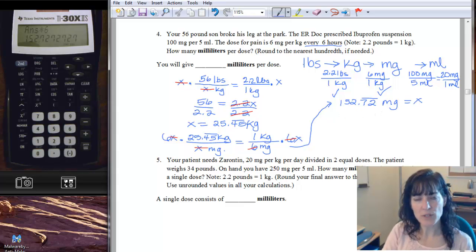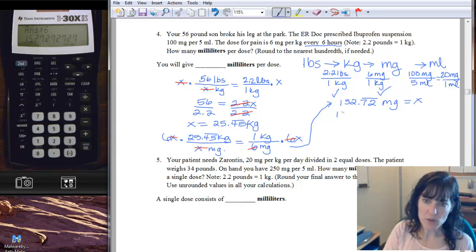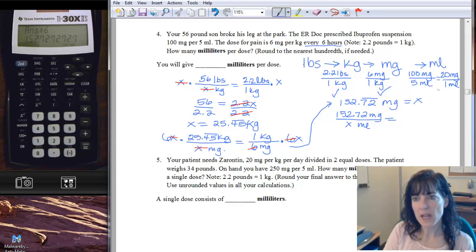Remember, you can use the reduced form of this fact or the built-up form that you were given for the problem. It's up to you. And then I will set it up again, so 152.72 milligrams. I'm converting to milliliters, so it's x mLs equals, and I need milligrams over milliliters because that's what I wrote the first part with, or the first ratio. And so I'd either put in the 100 over 5, or I'll just show it to you with the reduced form and you can check it.